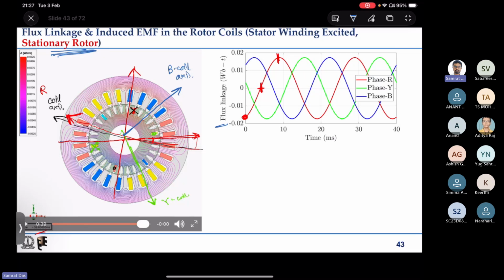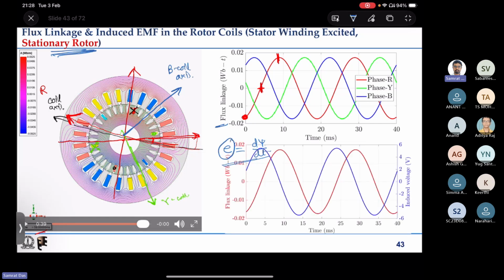Now because flux linkage is varying with time, according to the principle of electromagnetic induction, E equal to d psi dt, there is some induced EMF if the coil has a change in flux linkage with time. That means in all these coils we will have some induced EMF.